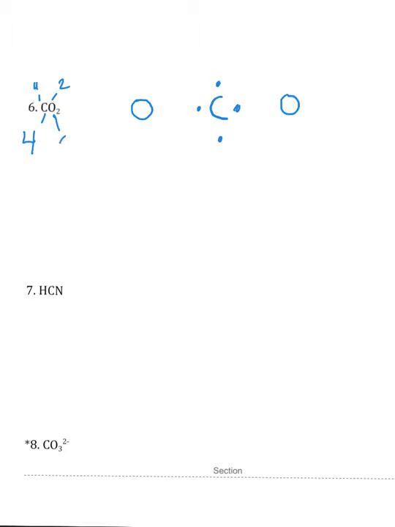And each oxygen has 6 valence electrons. And there's 2 oxygens, so 12 total valence electrons there, so I want to end up with 16 total valence electrons in my structure when I'm done.